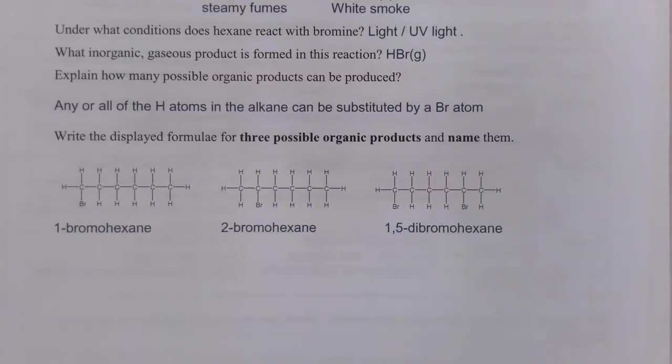We've just selected 3 at the bottom, but you could get obviously a huge number more. You could get, for example, 1,2-dibromo, 1,3-dibromo, 1,2,3-tribromo, and so on. Again, this just illustrates how useless this is at producing a given halogenoalkane.